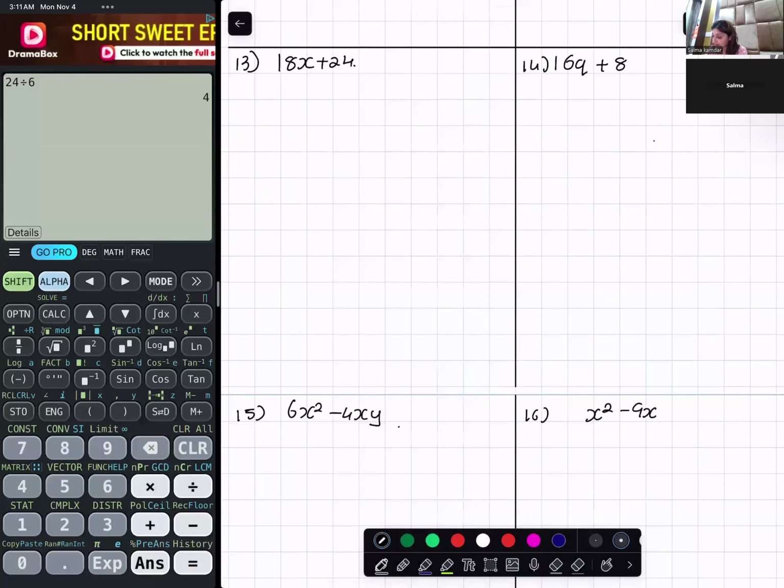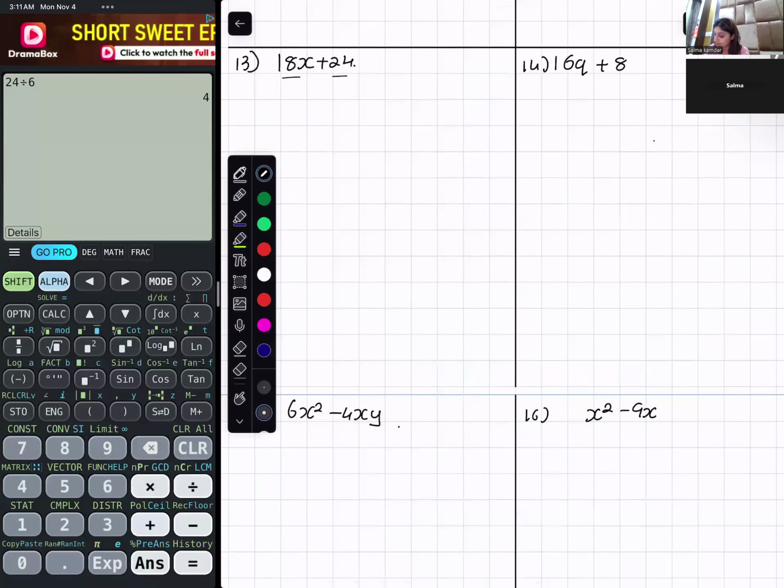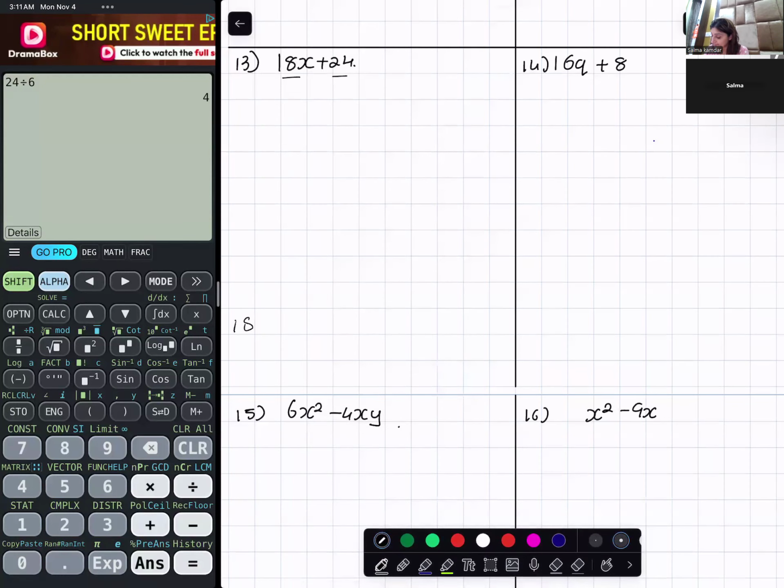We do the next part, factorize 18 and 24. Factors of 18, 2 into 9. Factors of 24, 2 into 12. See other factors, we will take the highest factor. 3 into 6, 18. 24, which table? 3 into 8. 18 will not go in the table of 4.